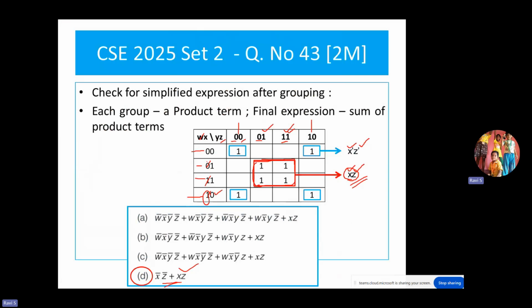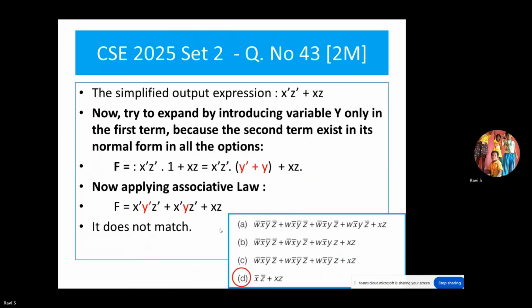Now we have 3 more options to verify. Because directly we have got the simplified expression, and the rest of the expressions have minimum 4 variables. If we observe the first term itself, w, x, y, z, here also the same thing. All 4 variables are in the expressions. And comparing with D, this xz term is common in all 4.